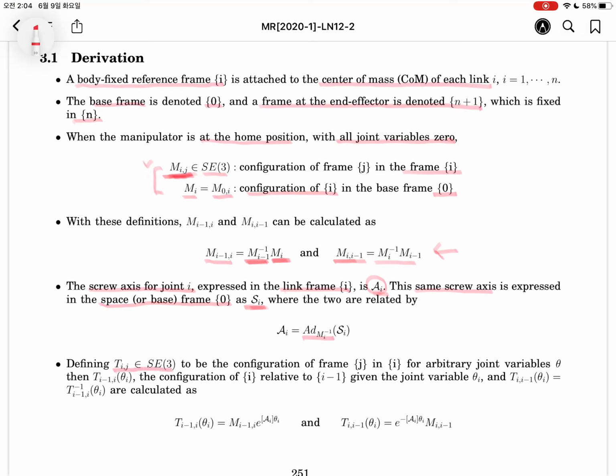T_ij belonging to SE(3), a homogeneous transform, will be the computation of the frame j in terms of the i frame.